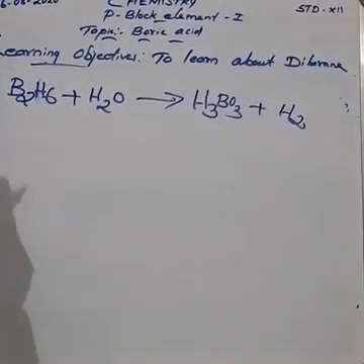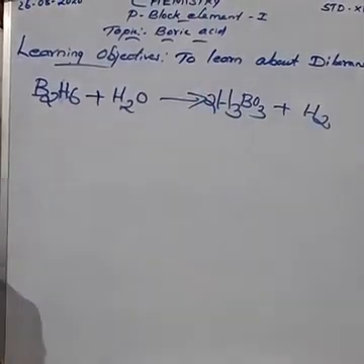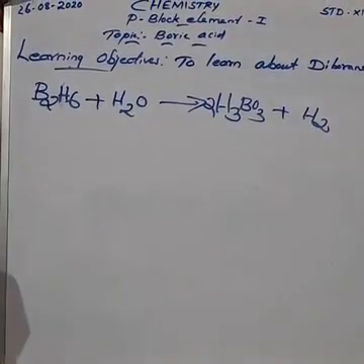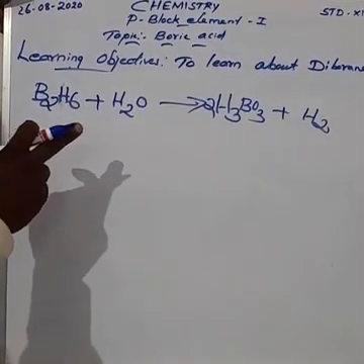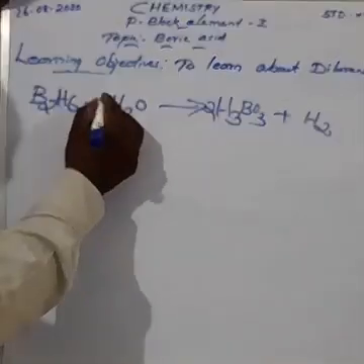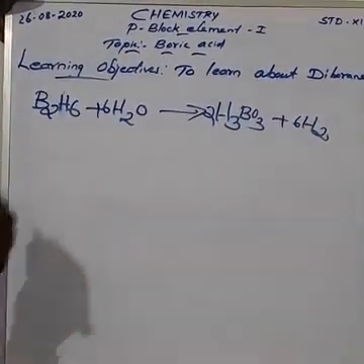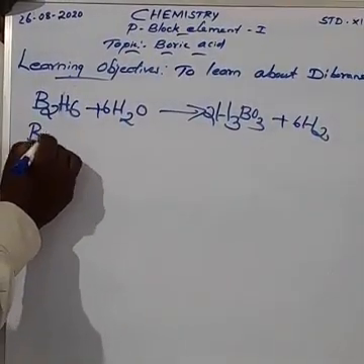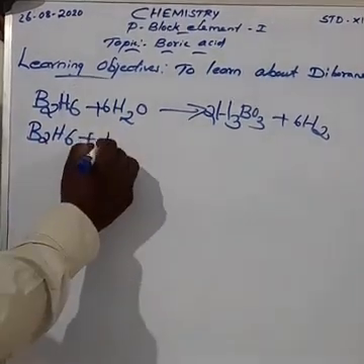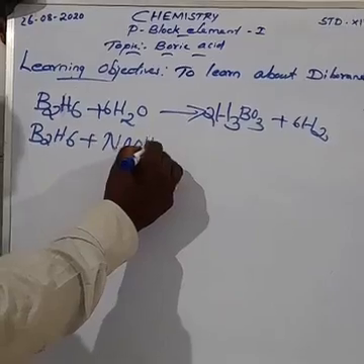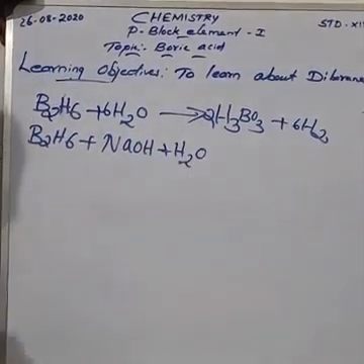How can we balance the equation? 2 boron are there, here only 1, so make it 2 here. Then for the hydrogen, make it 6 molecules here. Next, diborane B2H6 reacts with the alkali, that is sodium hydroxide plus water.